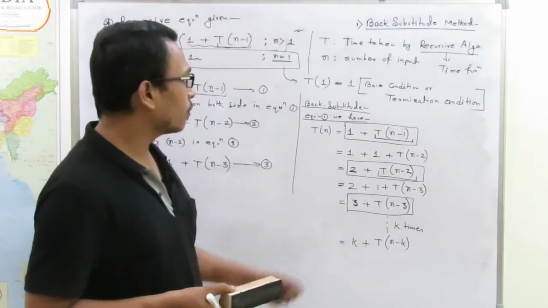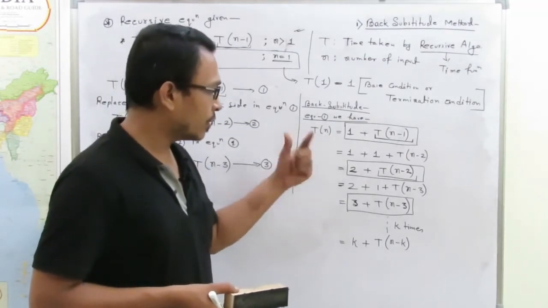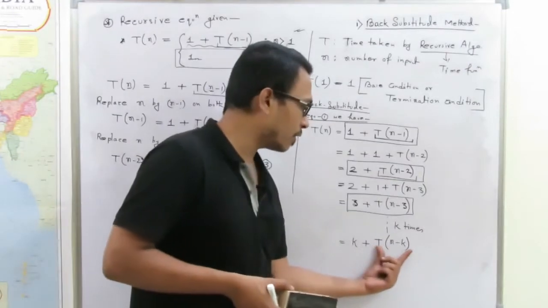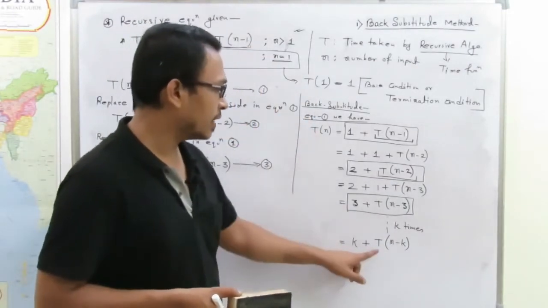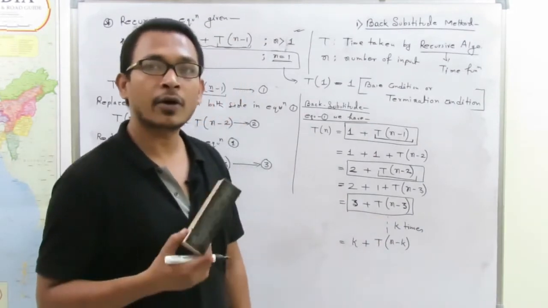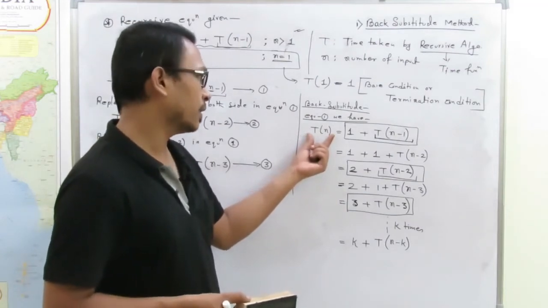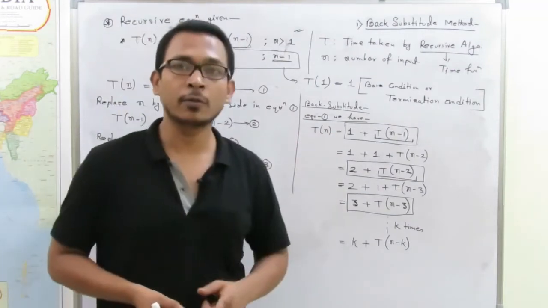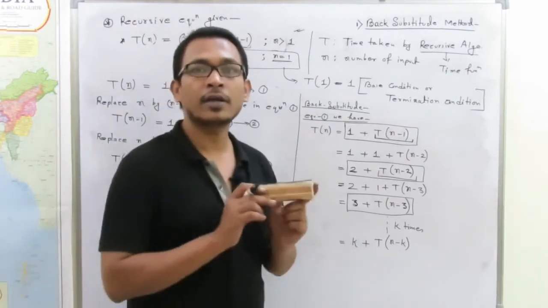So to find the value of t of n, we need to remove the function t from its definition. Clear? That is our goal. So to find the value of this function t of n, we need to remove the function t from its definition. That is our next goal.